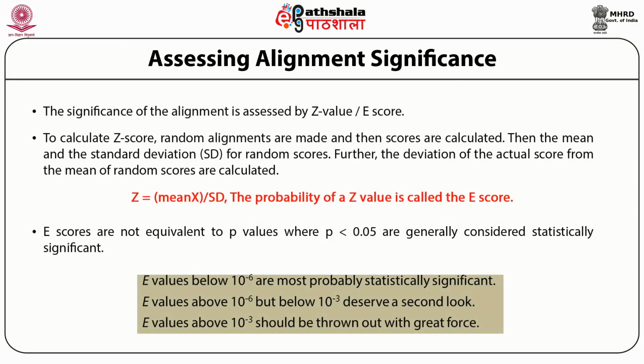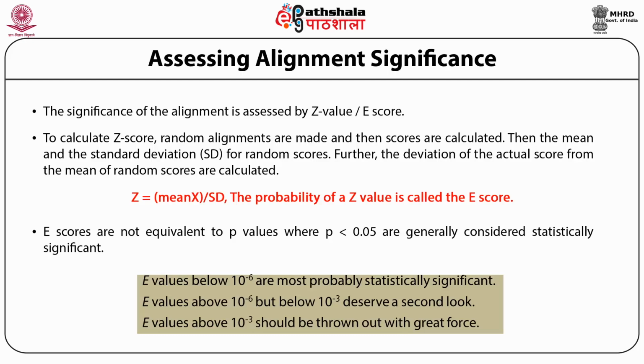Once you do the diagonal alignment and you want to score how the alignment looks, how do we judge which diagonal alignment is very good? For that we need an assessment. The significance of the alignment is assessed by the Z value or E score. To calculate the Z score, random alignments are made, then scores are calculated for each alignment.